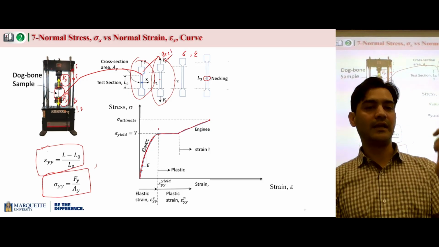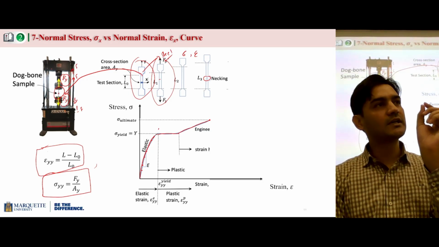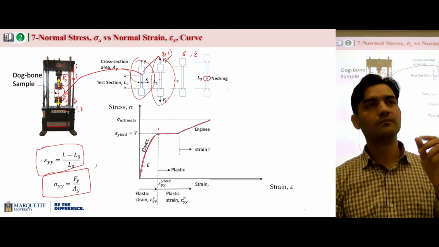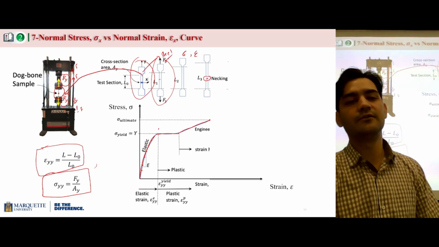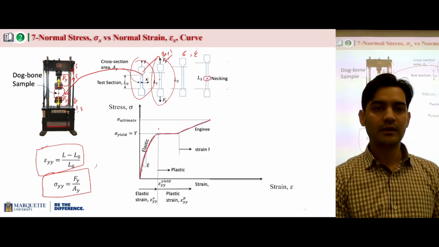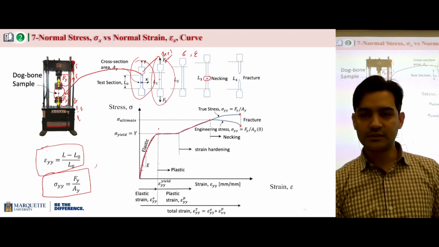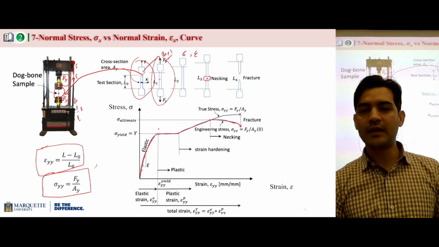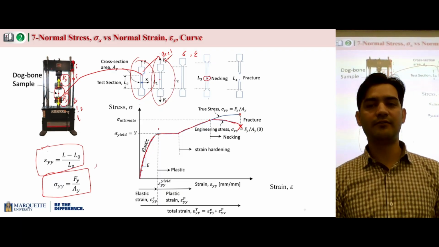We call this necking. So at this point, the cross-sectional area will start to reduce. And if you keep on increasing the force even after you observe the necking, then you will see a reduction in cross-sectional area, and ultimately the dog bone sample will break. So you will see a fracture.